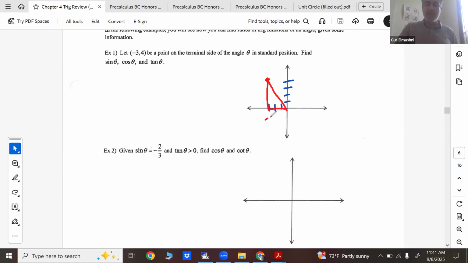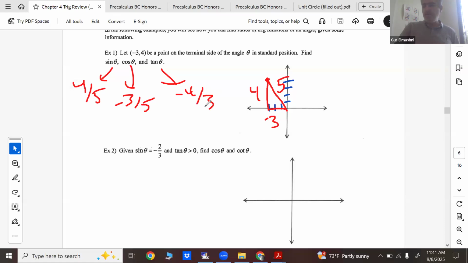So of course that's the length of negative 3. That's the length of 4. What's my hypotenuse? So my sine would have to be what? My cosine? My tangent? Got it. Cool.